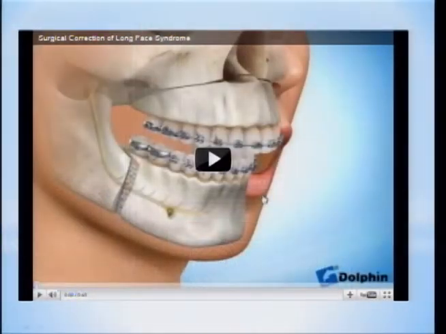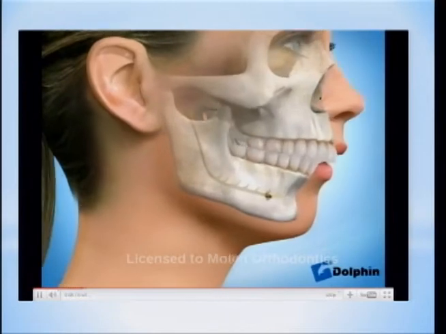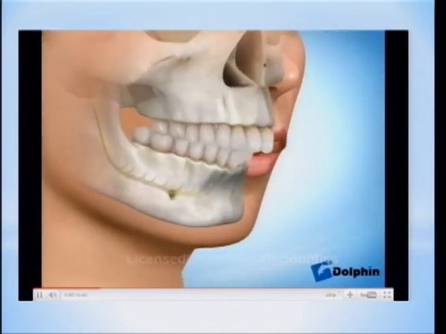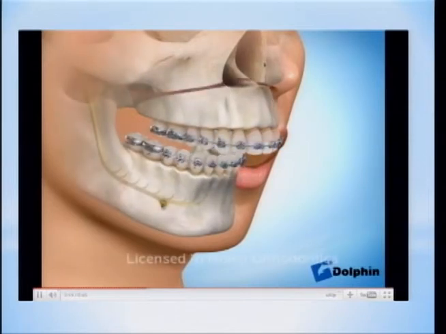Okay, so why is the occlusal plane important? When we have a patient who has a skeletal deformity, we can plan to do a surgical treatment where the jaw would be, of course we put braces and the jaws would be moved.